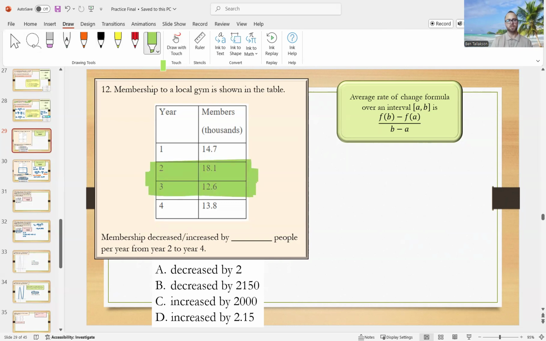What is happening there? Well, you can just see we went from 18.1 thousand members to 12.1. There is a obvious decrease, but by how many? We need to use our average rate of change formula to figure that out.